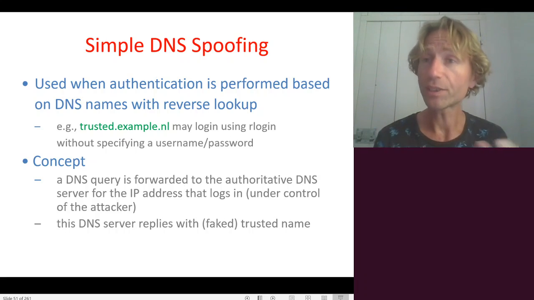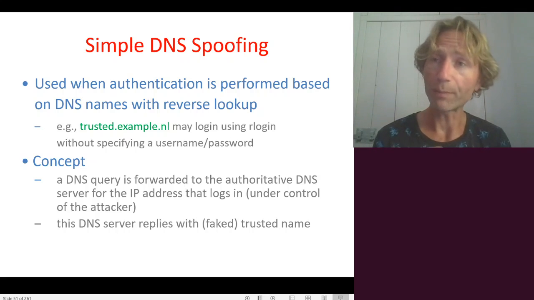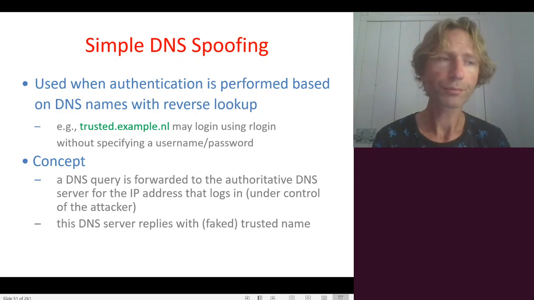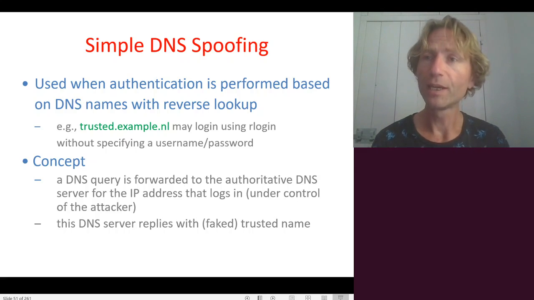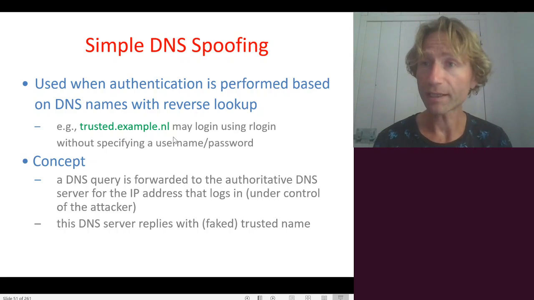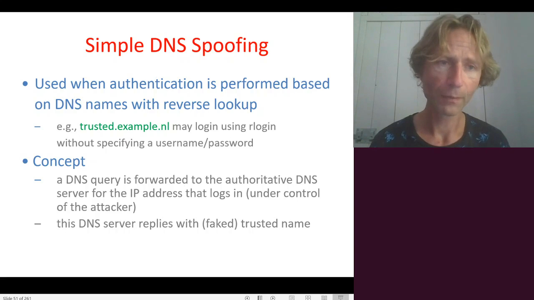In DNS, you can map symbolic names into IP addresses, but you can also map IP addresses into symbolic names, and that's called a reverse lookup. So it will do a reverse lookup for this IP address and see if it maps to trusted.example.nl, and only in that case it will allow the login.